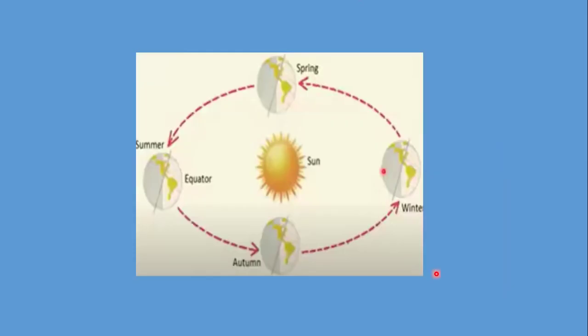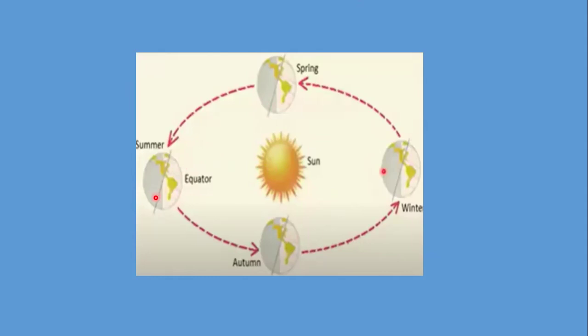Now let's try to find out why it doesn't rain during the summer season in the Mediterranean type of climate. We know that the earth revolves around the sun, and while revolving around, the earth is positioned at various locations, and the angle of the rays of the sun varies from one position to another.